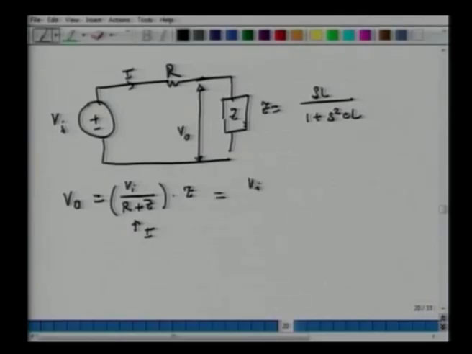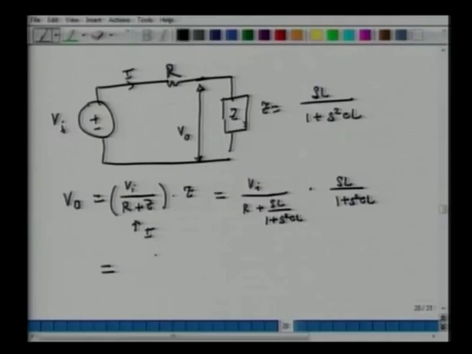I have Vi over R plus SL over 1 plus S square CL, that is my complex current, times Z, SL over 1 plus S square CL.